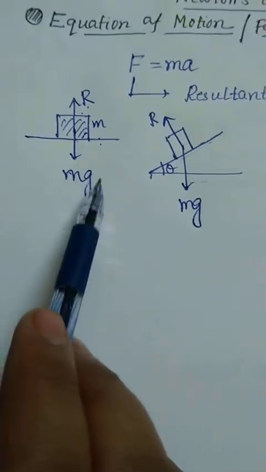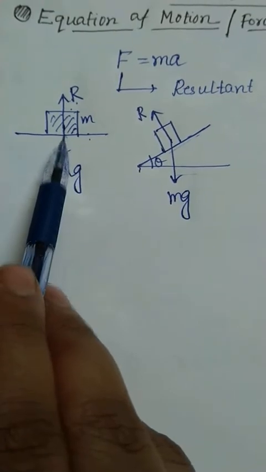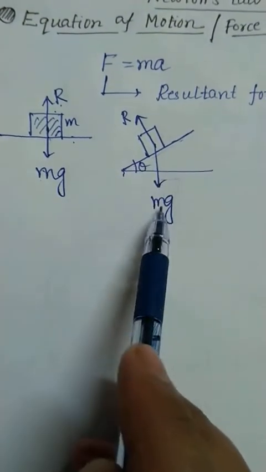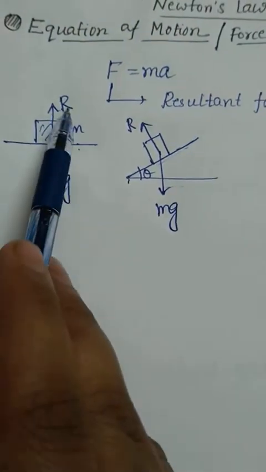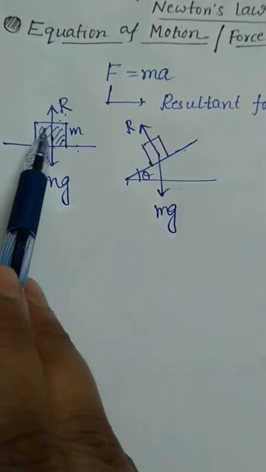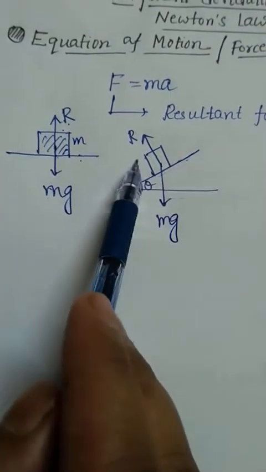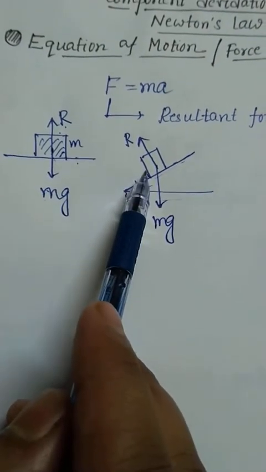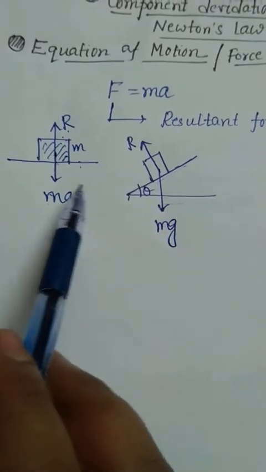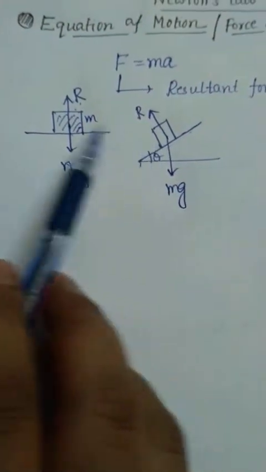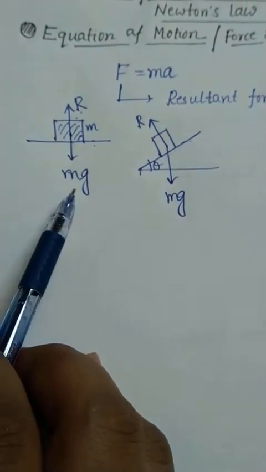One is the weight, which acts perpendicular to the surface of the earth, and this is the force of reaction acting perpendicularly upward from the plane on which the object is situated. These two are very important, so first clear these two rules: along which R is acting, along which mg is acting.